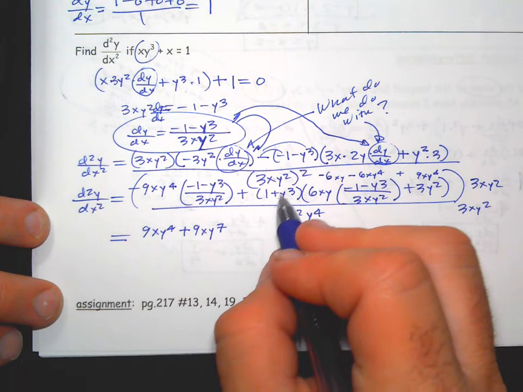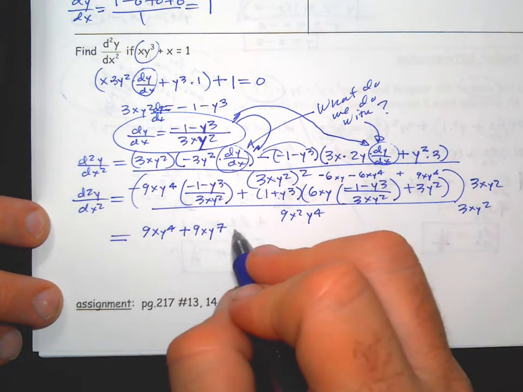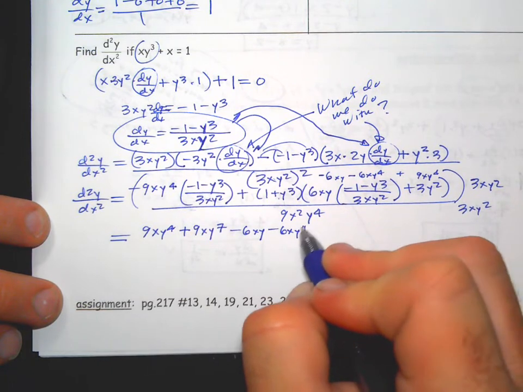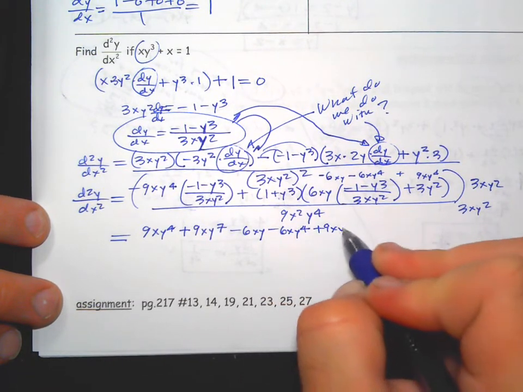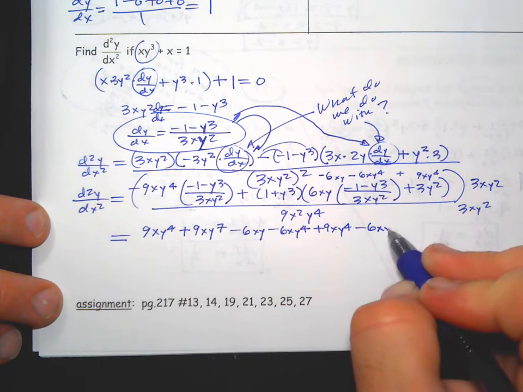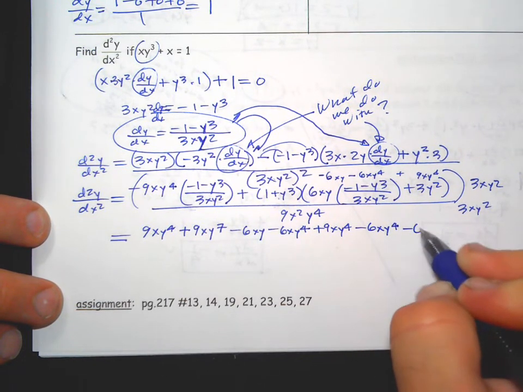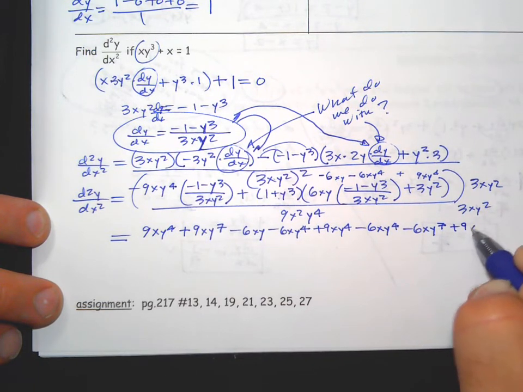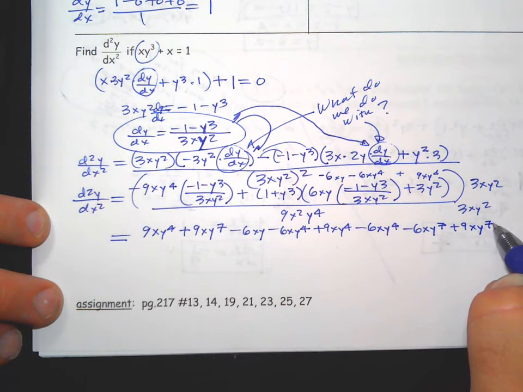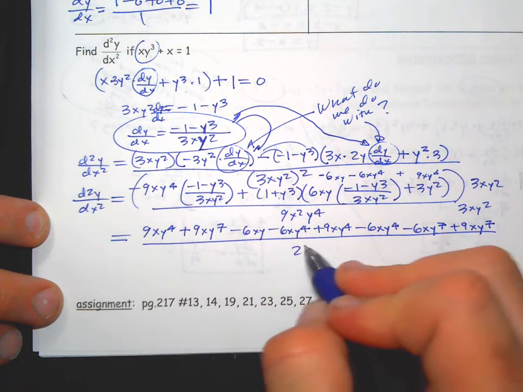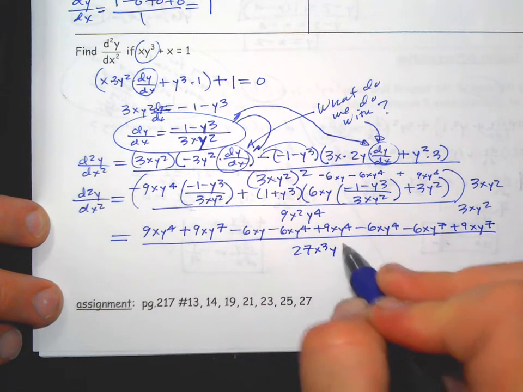And then we got to FOIL this stuff out. So it's going to be minus 6xy minus 6xy to the fourth plus 9xy to the fourth. And then we're going to distribute a y cubed. So it's going to be minus 6xy to the fourth minus 6xy to the seventh plus 9xy to the seventh. And on the bottom, we get 27x cubed y to the sixth.